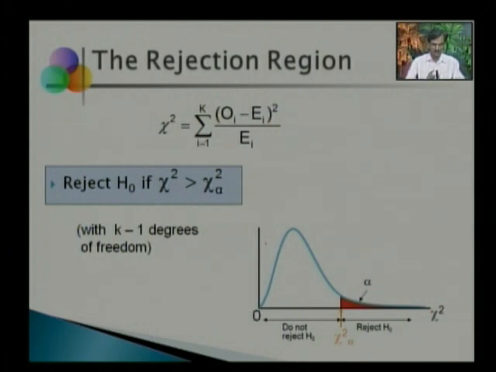If you observe that number, that is chi-square alpha, if the value of chi-square falls beyond chi-square alpha, then we reject the hypothesis, otherwise we accept the hypothesis. So the entire chi-square region is classified into two categories. One is called the rejection region, the red part, and the other is the acceptance region, where we accept the hypothesis.